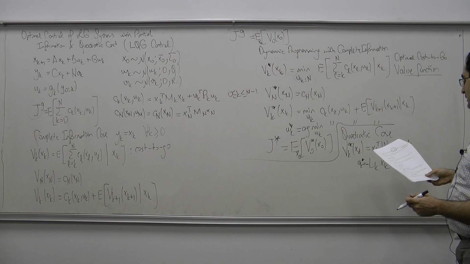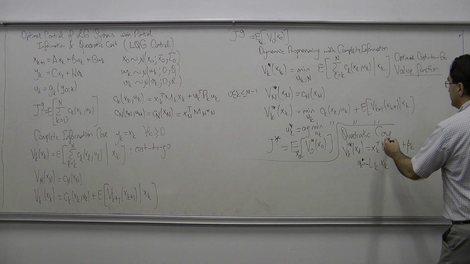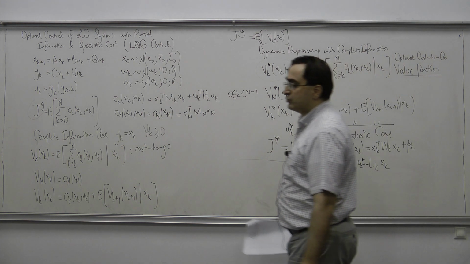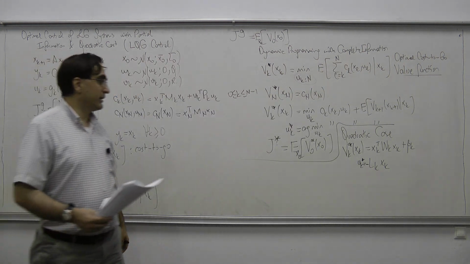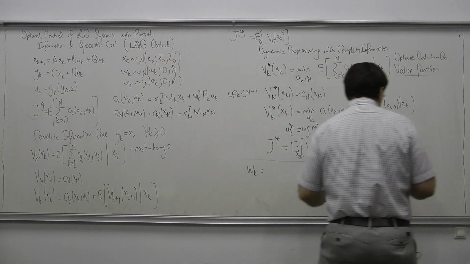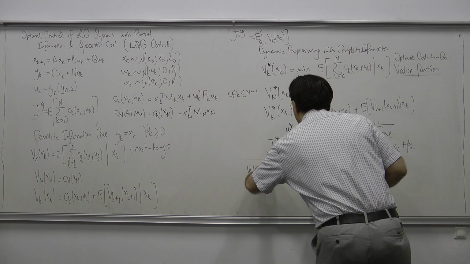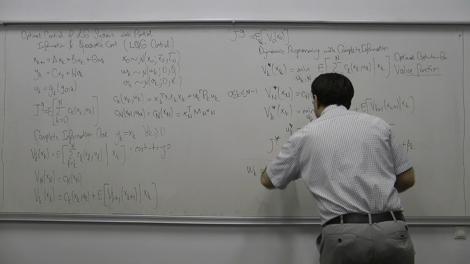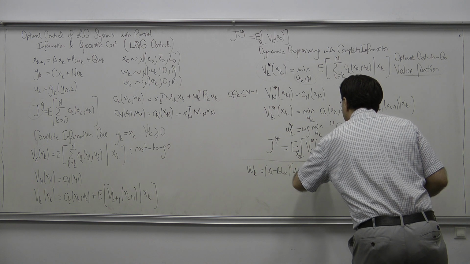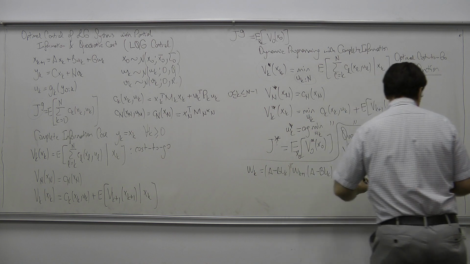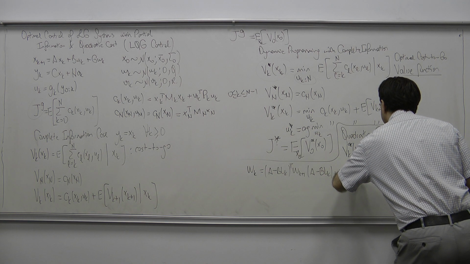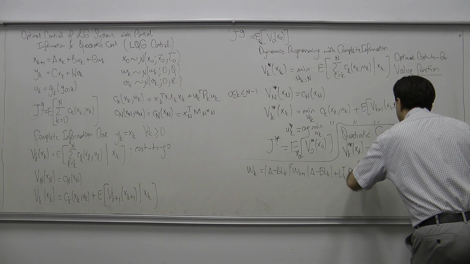And how did we obtain this Wk, beta k and Lk? They were given to us by a backward recursion again. For Wk, I had the following backwards recursion. Wk turned out to be A minus B Lk transpose Wk plus 1 times A minus B Lk, plus Lk transpose Pk Lk plus Mk.